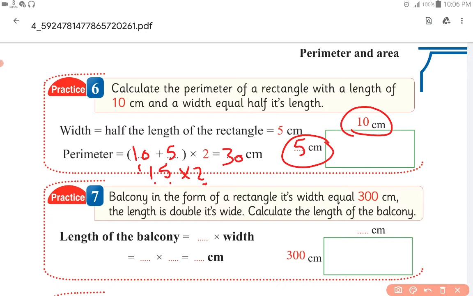Its width equal 300 and its length double means 2 times 300 it will be 600. double معناها بعمل multiply by 2. يبقى دي 600. يبقى 2 times width يبقى 2 times 300 equal 600.